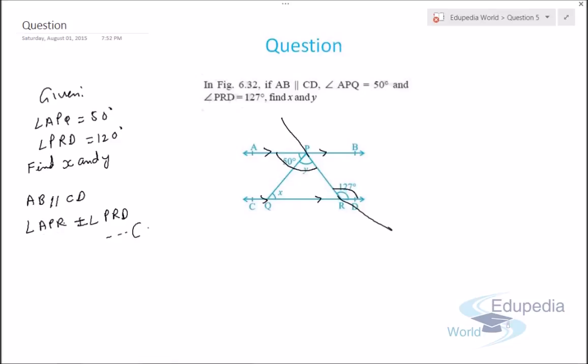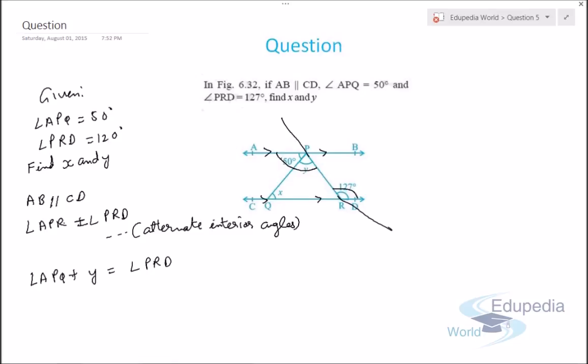Why? Because they form alternate interior angles. So now angle APR can be written as angle APQ plus y, which will be equal to angle PRD.